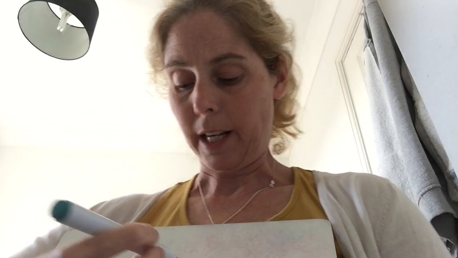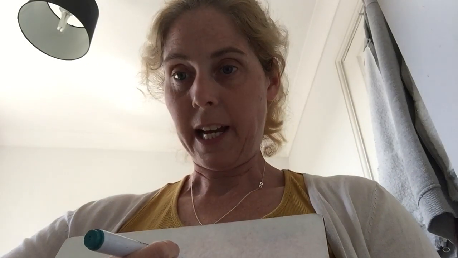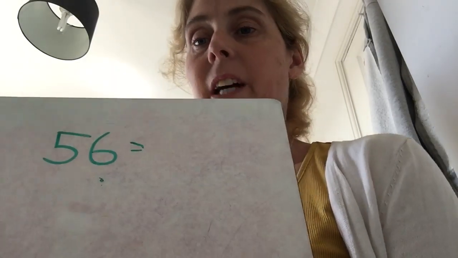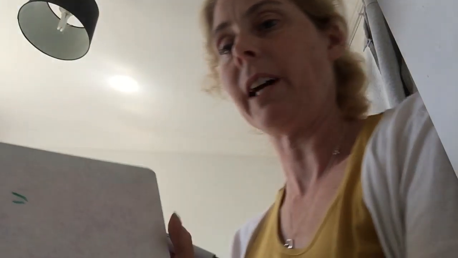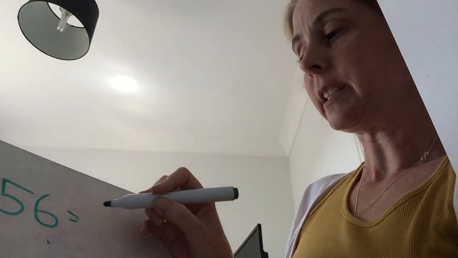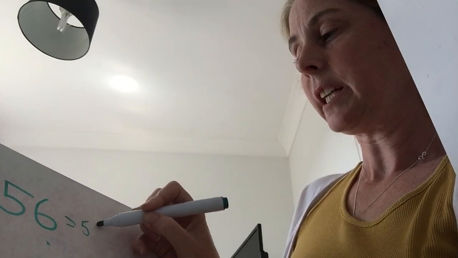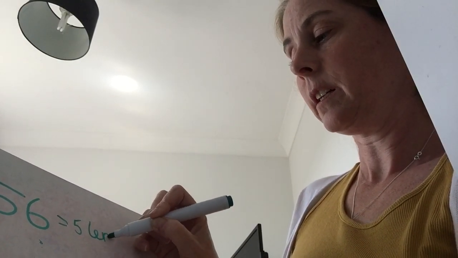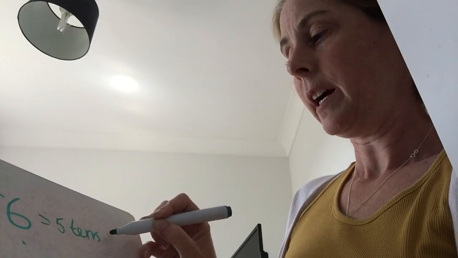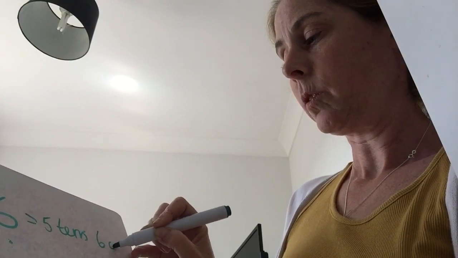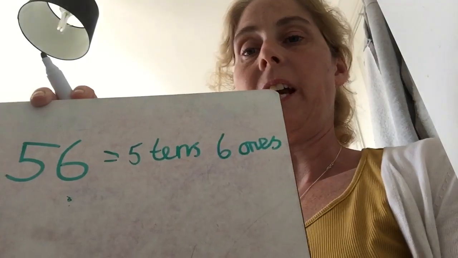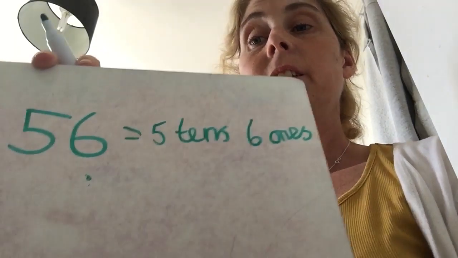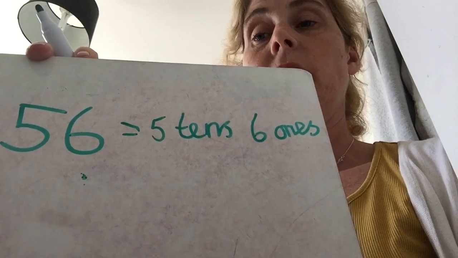So if I was to write that down, I would say it has 5 tens and 6 ones. Okay, so I have written it has 5 tens and 6 ones.